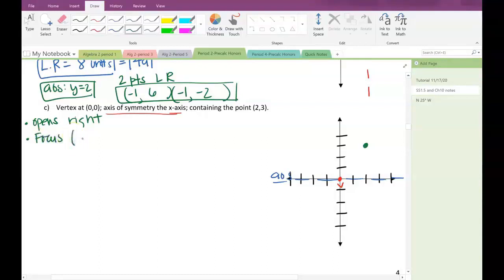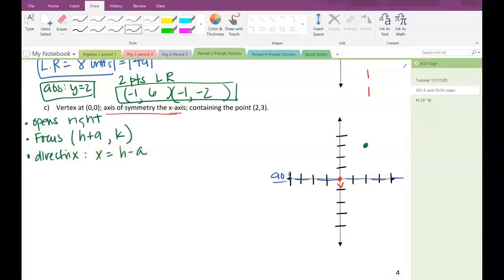So that means whatever h is, we could add a, and k should be the same. Well, what else do we know? We also know the directrix is behind it, right? So directrix is going to be x equals h minus a. We need to figure out this a value really bad, don't we?